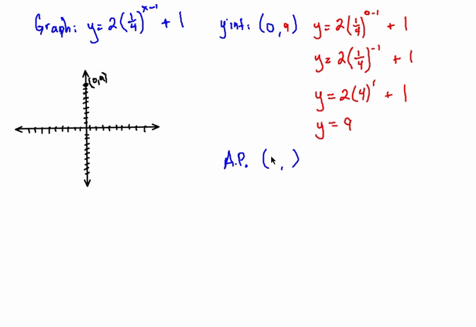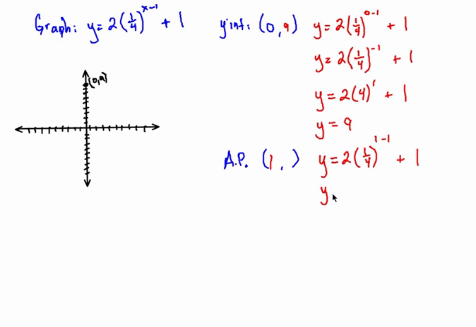So I'll substitute a 1 in, and this will be useful because this is going to turn this exponent into 0, which means I could calculate this without a calculator. So I'm going to get y equals 2 times 1/4 to the 1 minus 1 power.